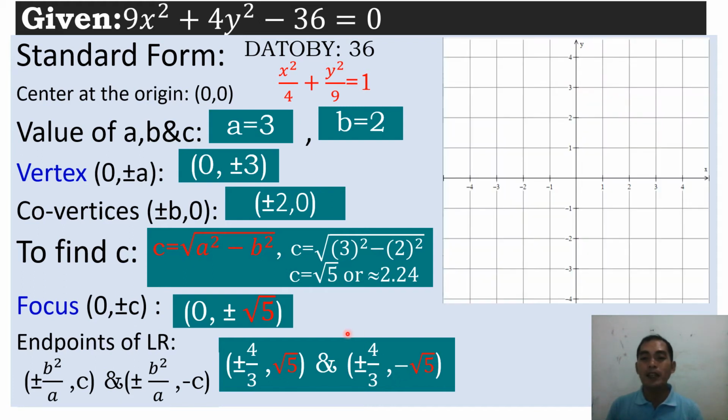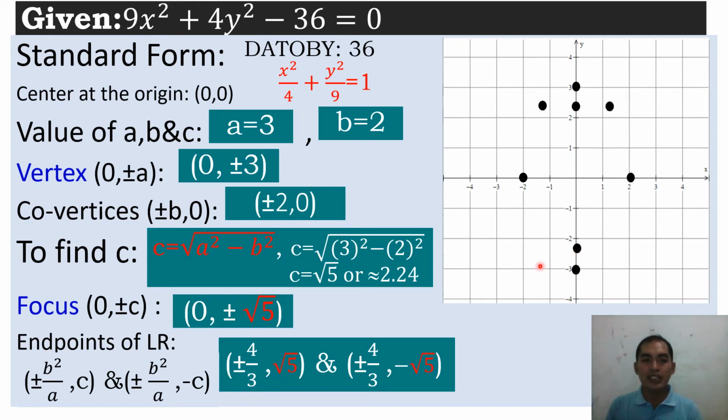How to graph? Make a Cartesian coordinate plane. Plot the coordinate of the vertex. That's 0, 3, 0, negative 3. And also the coordinate of the co-vertices. We have negative 2, 0, and 2, 0. Then locate the focus. The focus is 0, square root of 5, 0, negative square root of 5.